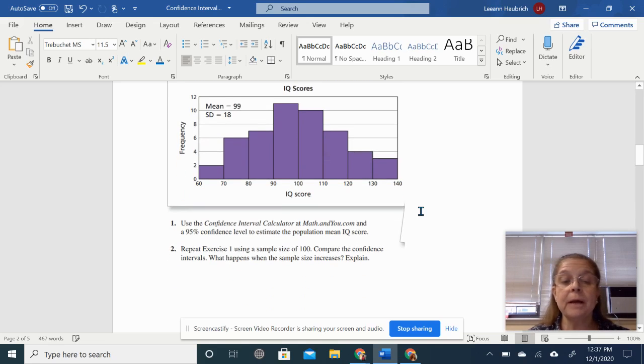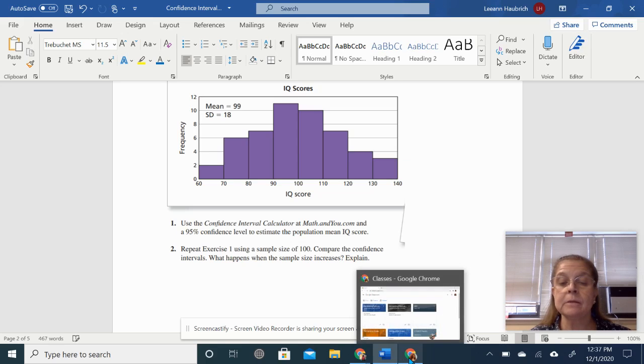But this is telling us here, use the confidence interval calculator in Math and You and find the 95% level to estimate the population mean of the IQ scores. So I have to use the information here, the 99, the 18, and the 50. And it says 95% confidence interval.